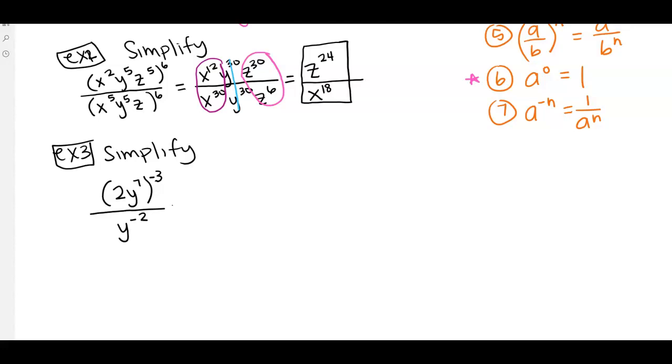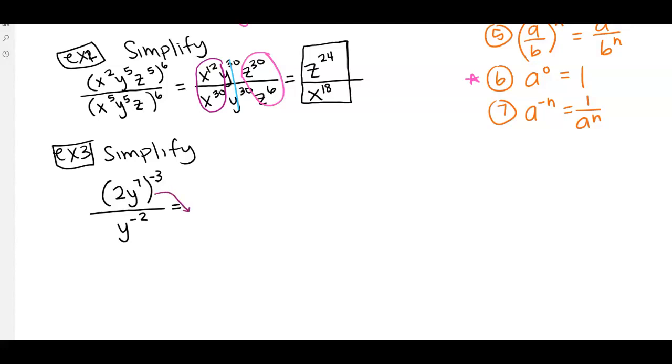Okay, so there's a couple of different ways you could think of this. Since this is all in parentheses, 2y to the 7th, and it's all being raised to a negative exponent, I know that that whole thing is going to flip downstairs.